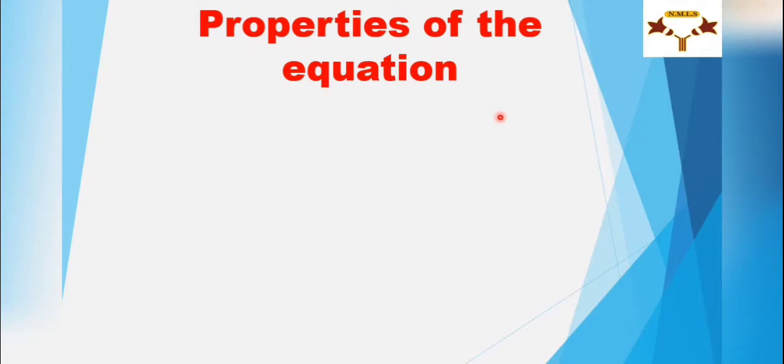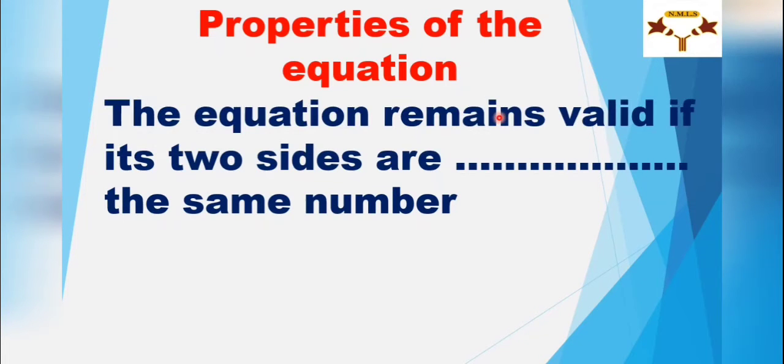Okay, so the goal, we said, is to isolate the unknown alone on one side, and we can do this by using the properties of the equation. What are the properties of the equation?